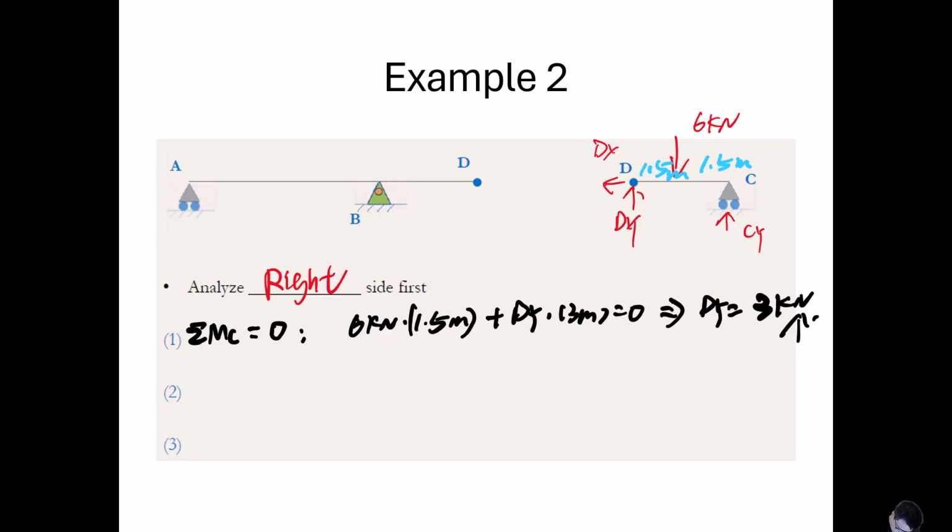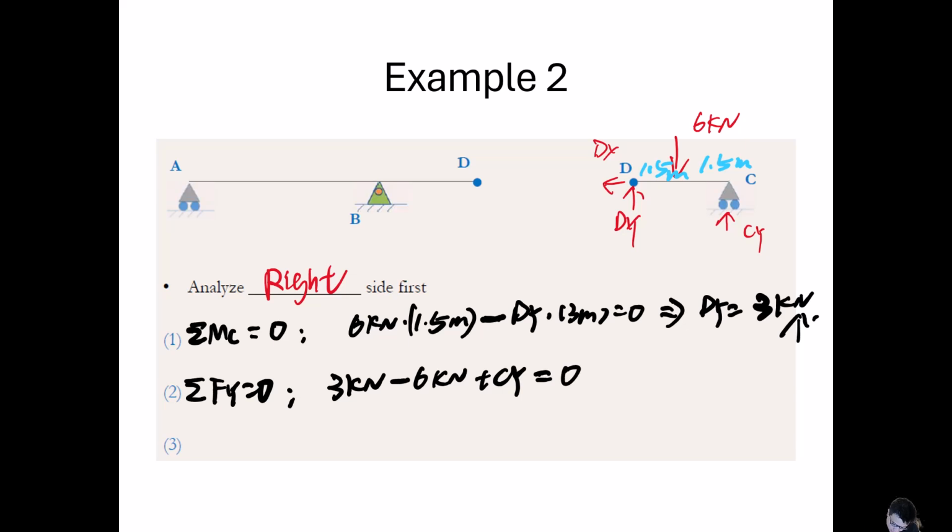Sorry, this should be positive, because the dy is clockwise movement. Okay, sum of the Fy also equals 0. 3 kilonewton, which is dy, minus 6 kilonewton plus cy equals 0.